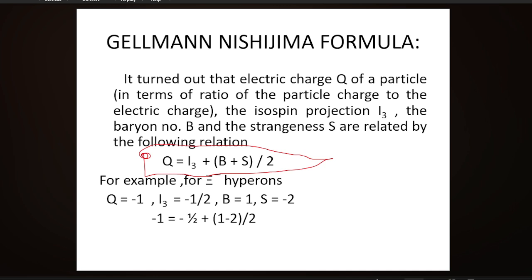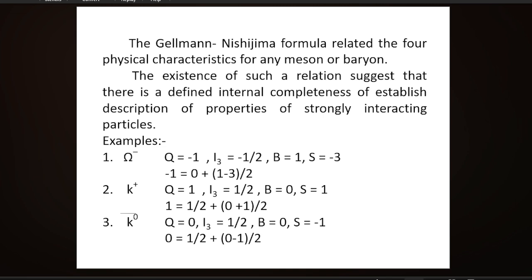For example, for the hyperon, charge is equal to -1, I3 is equal to -1/2, baryon number 1, and strangeness number -2 for the xi minus hyperon. And this formula satisfies the above condition. The Gell-Mann and Nishijima formula relates the four physical characteristics for any meson or baryon.